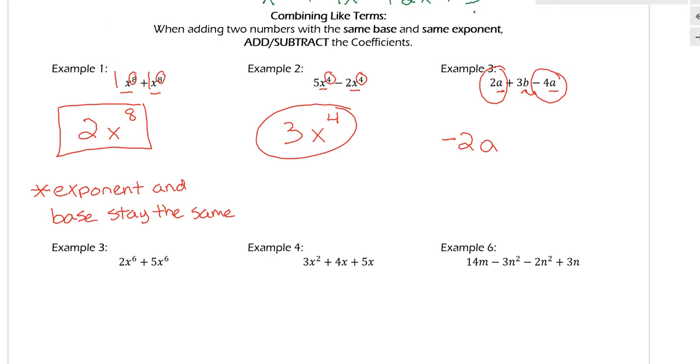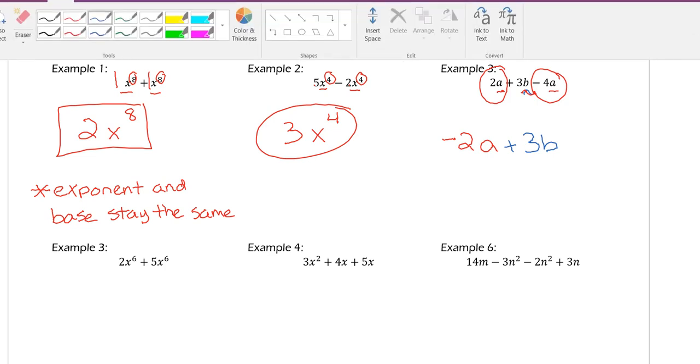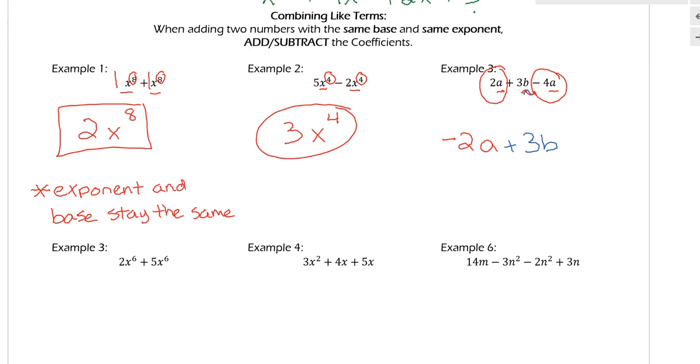Then this 3b, right, that b has nothing else to combine with it, so I have to still just write it, but it doesn't get added or subtracted. Okay, it's just negative 2a plus 3b. And that is my final answer. Why did I write it like this? Why did I not write 3b minus 2a?